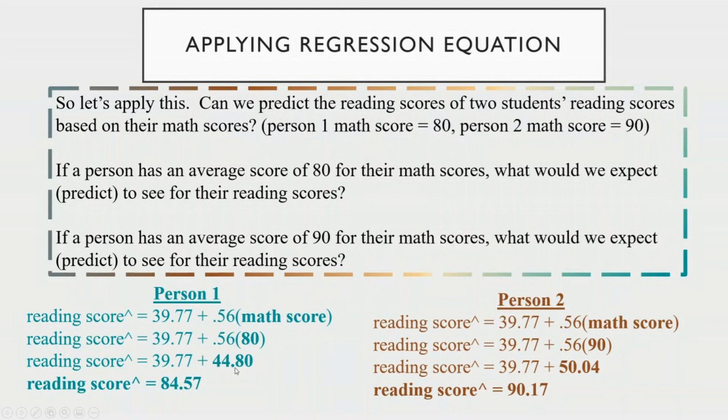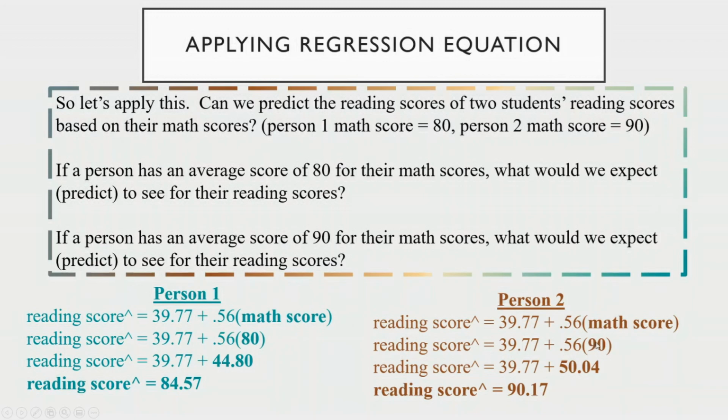Let's multiply out 0.56 times 80. We get 44.8 plus 39.77 is the reading score hat. So the predicted reading score is 84.57, which is 39.77 plus 44.8. You just plug in the numbers and you calculate it.